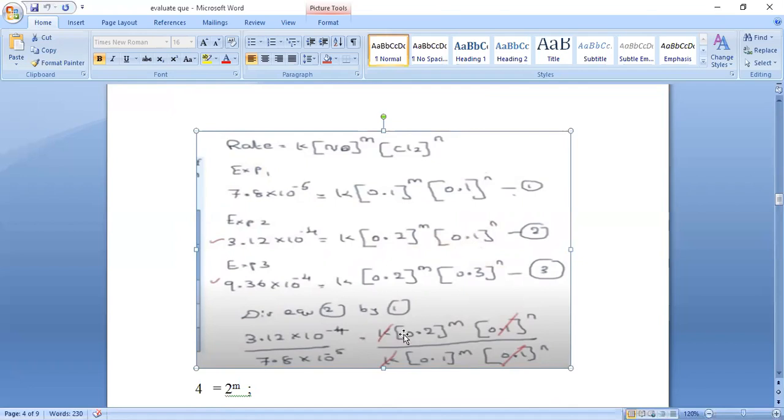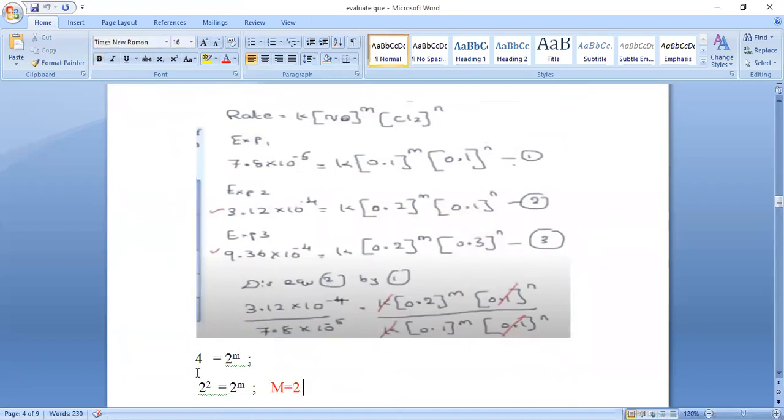So similar terms cancel each other. So k and k are cancelled here, and 0.1 power n cancels. So finally we are getting 4 is equal to 2 power m. So 4 we are writing as 2 power 2. So m is equal to 2.